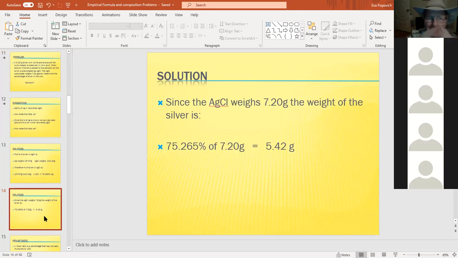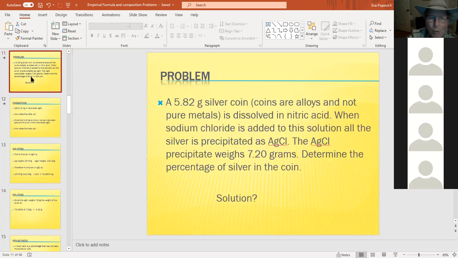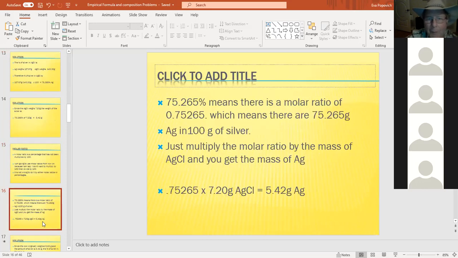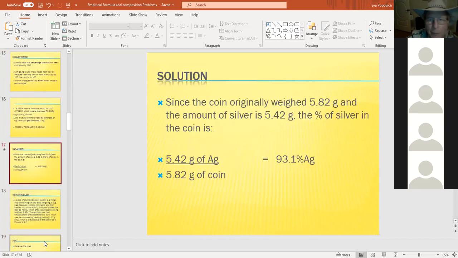We do. Do we have the weight of the coin? Yes. So what do we have to do? Divide it. We have the weight of the silver, which is 5.42. I mean, this is really easy stuff, but it's just stumping me on the spot. Like if I had like 5 minutes to write it out, I'm sure I could breeze through it.